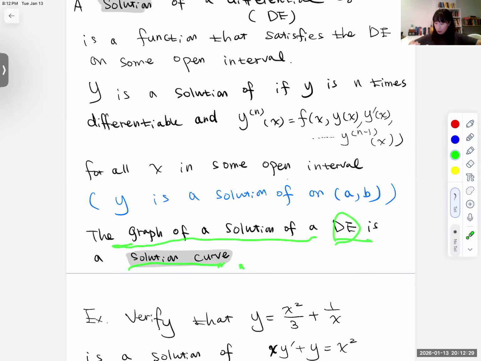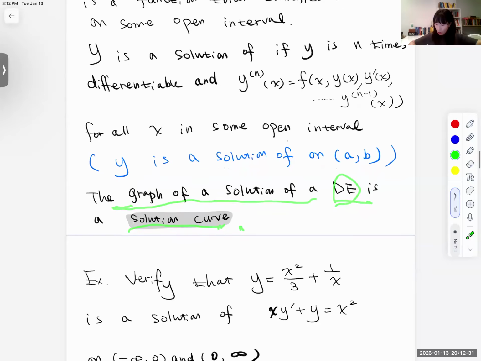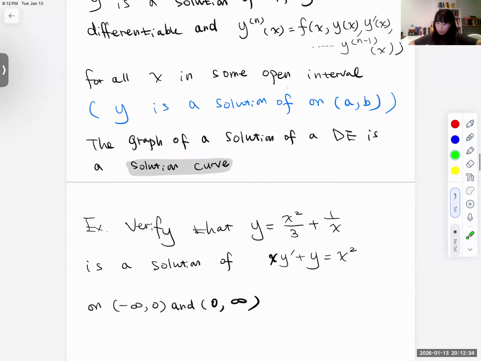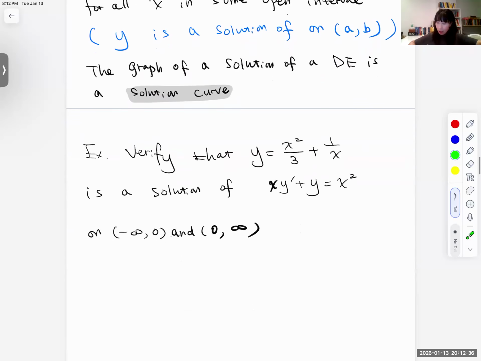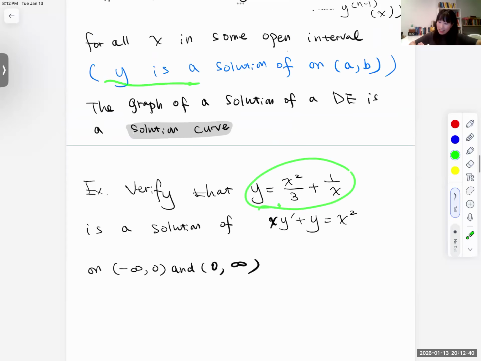All right, so let us do the first question. Verify that y is the solution of this equation on this open interval.